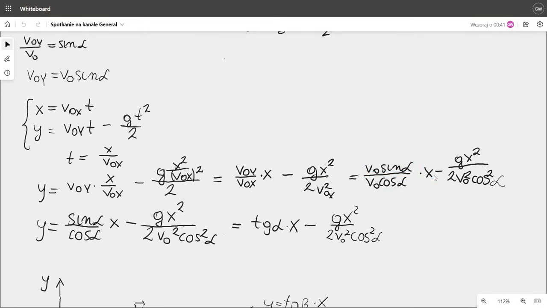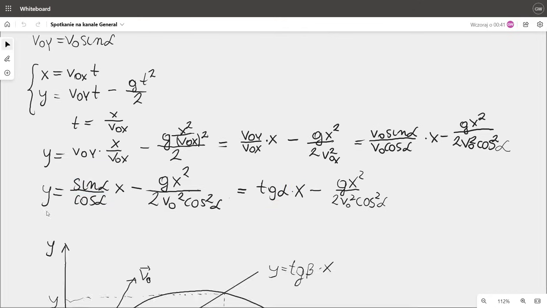It's done here and here. Instead of sine of alpha divided by cosine of alpha, we can write tangent of alpha. It's here. Instead of this, now we have equation of path of the thrown body. It's here.